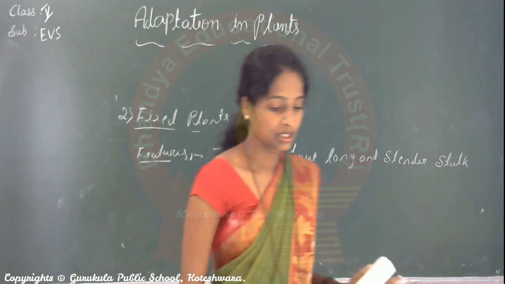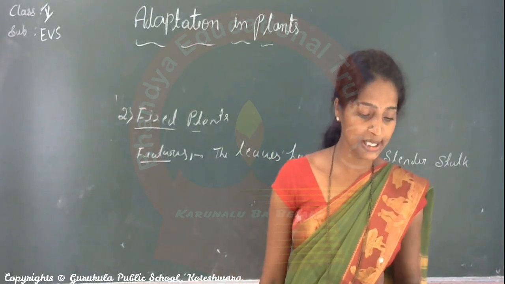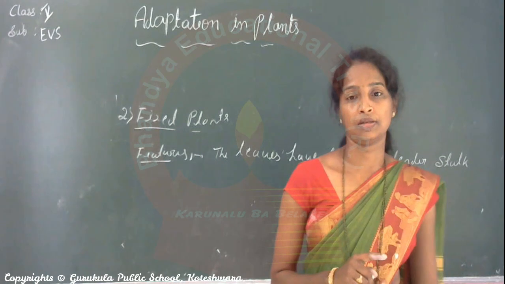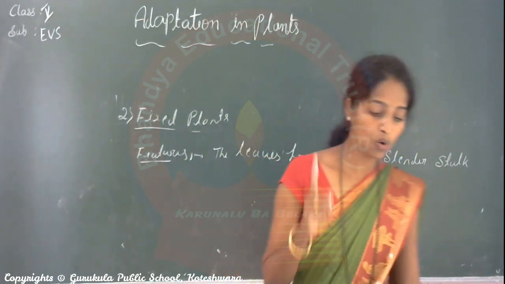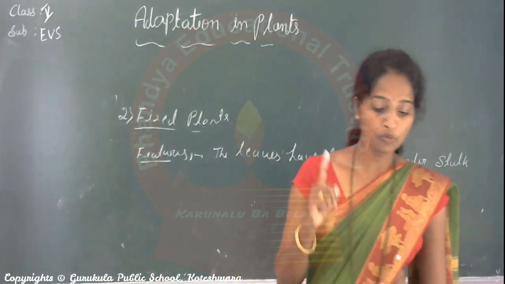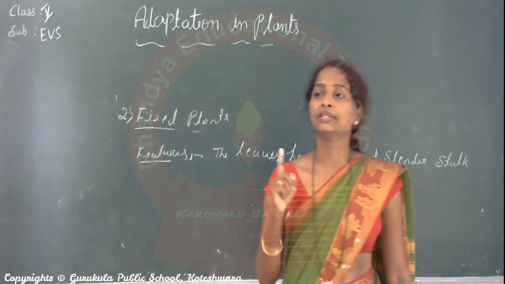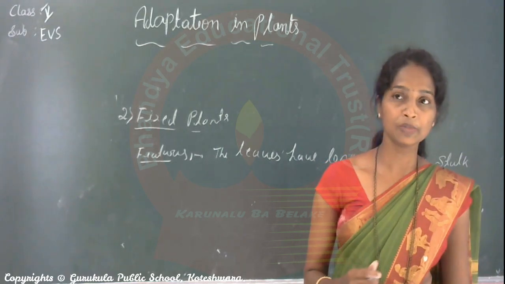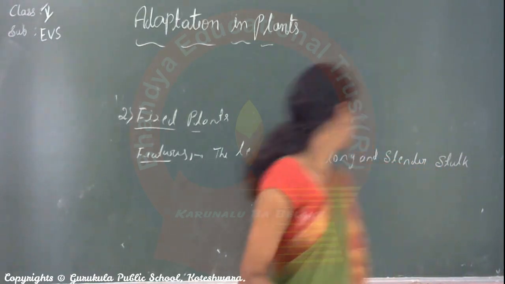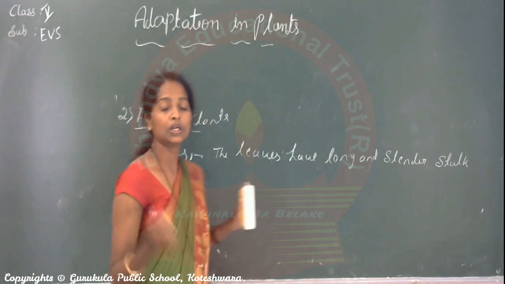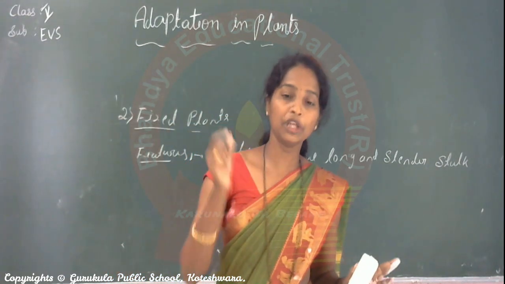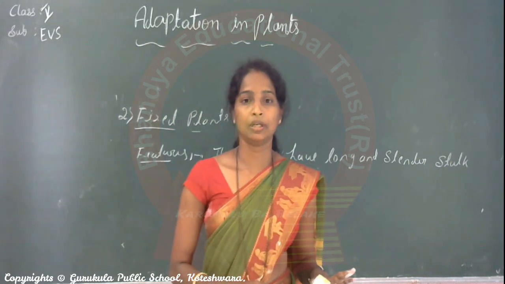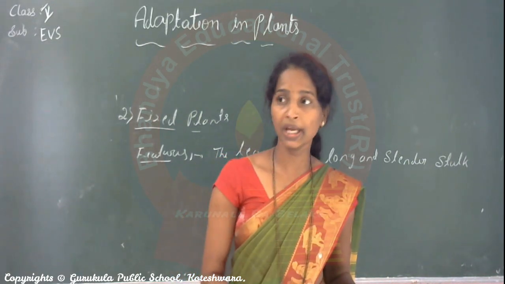Fifth one is the leaves also have a waxy surface from which water slides off. A waxy surface looks like a candle. If you put water on those leaves, it cannot stay there. It will fall down. Why?